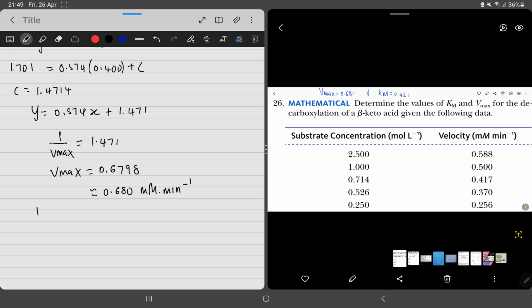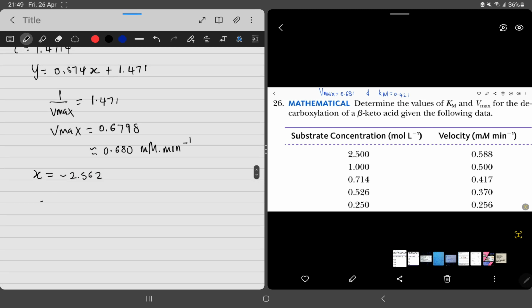So negative 1.471 divided by 0.574. So I'm getting minus 2.562. Negative 1 over Km is equal to negative 2.562.